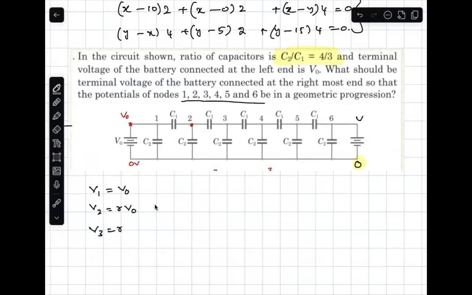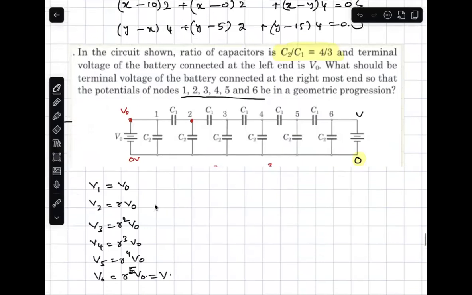V3 must be R square V naught. V4 must be R cube V naught. V5 must be R power 4 V naught. V6 must be R power 5 V naught, which is nothing but your V. Right, hold on.